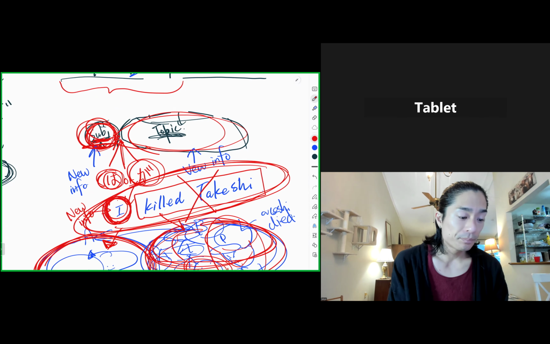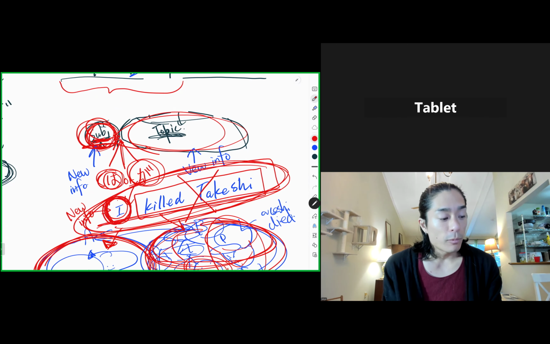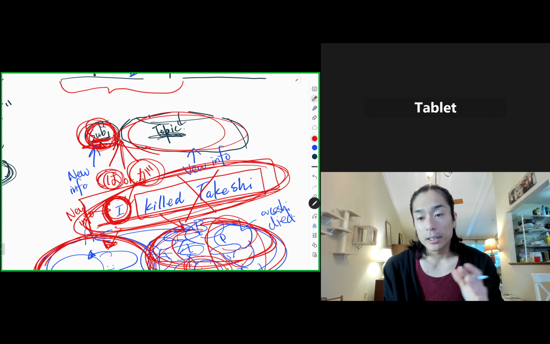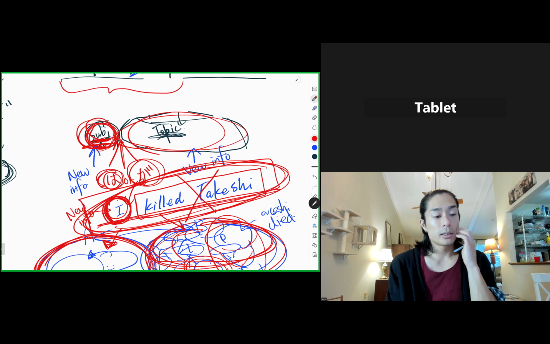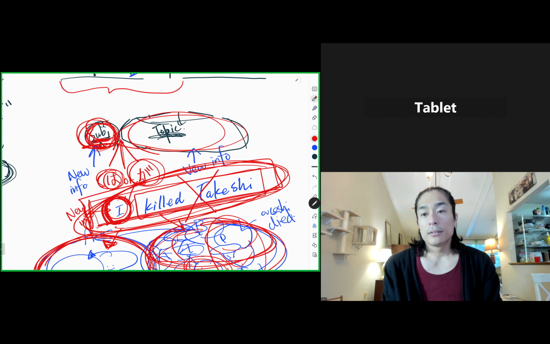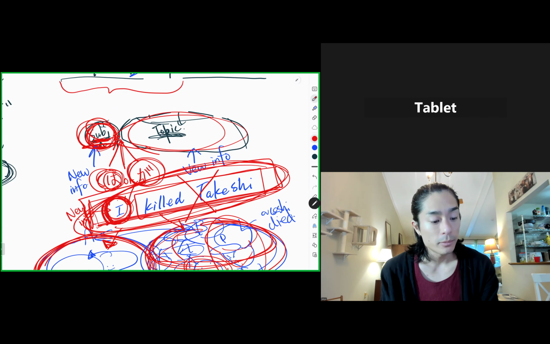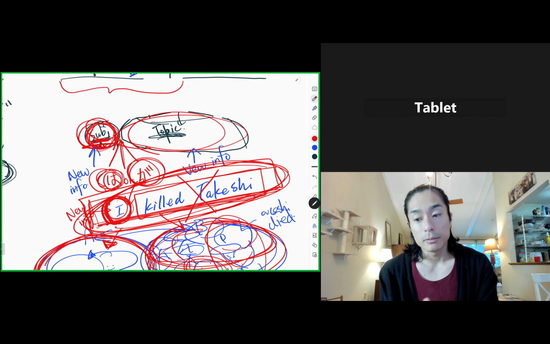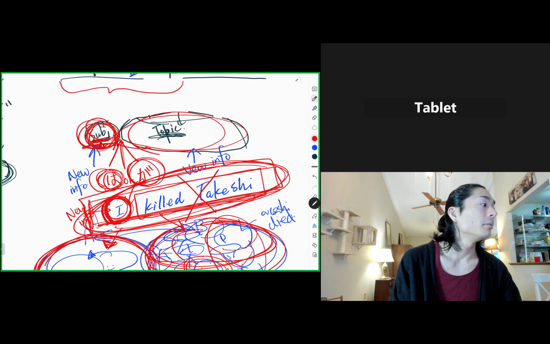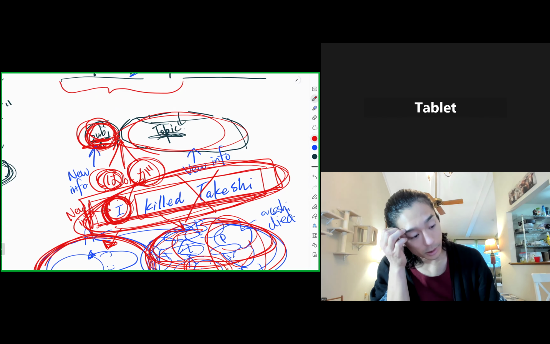I killed Takeshi, which doesn't show when you write it. Of course, you can capitalize everything to show the emphasis. That's one way to do it. But in this case, we cannot specify that difference, the nuance difference between wa and ga in English in written form. This is another reason why it's difficult for English speakers to understand the difference between wa and ga.